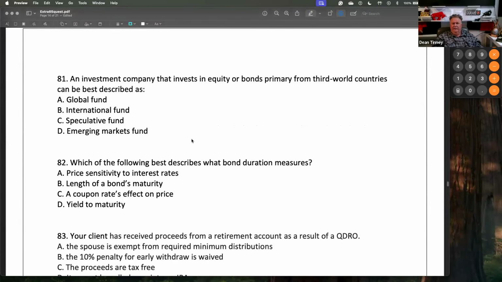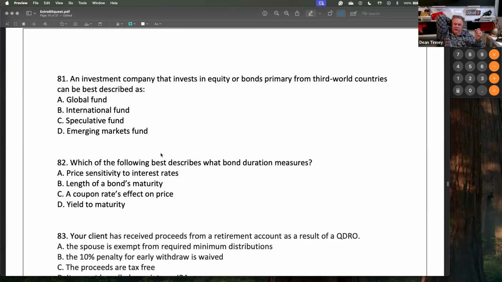An investment company that invests in equity and bonds, primarily from third world countries, can best be described as... I want to say emerging markets, but I think that's for developed countries. No, no, emerging markets.